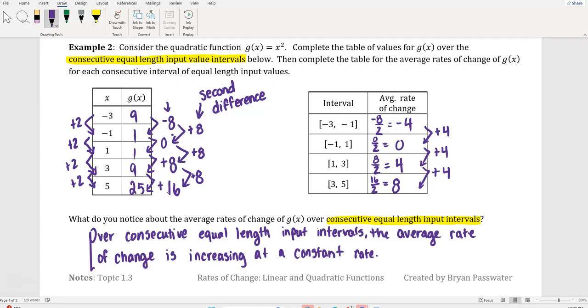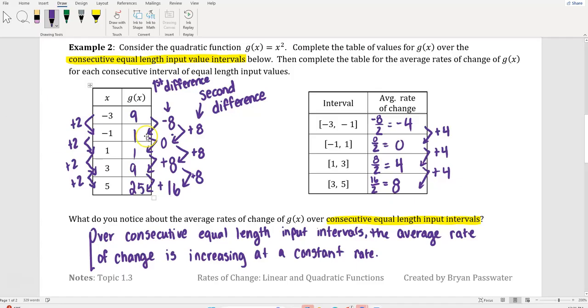This could be called your first difference. And you actually can do this again and again, and you'll have a third difference and fourth difference and whatnot. So if your second difference is a constant number, like 8, 8, 8, 8, all the way down, then it guarantees that you have a quadratic function for that.